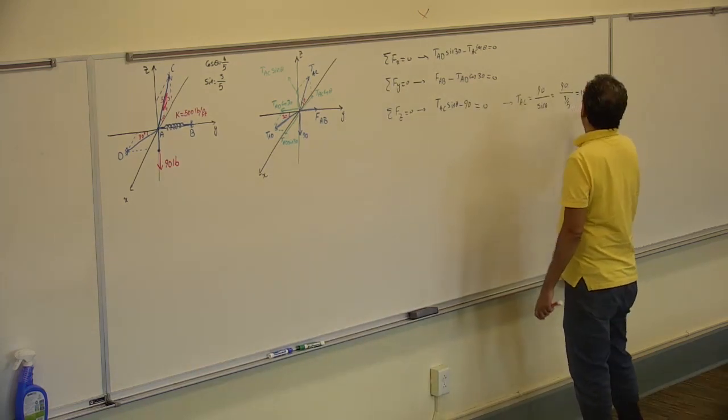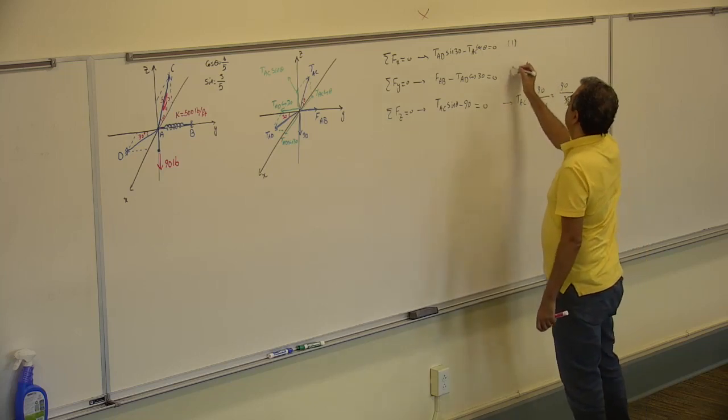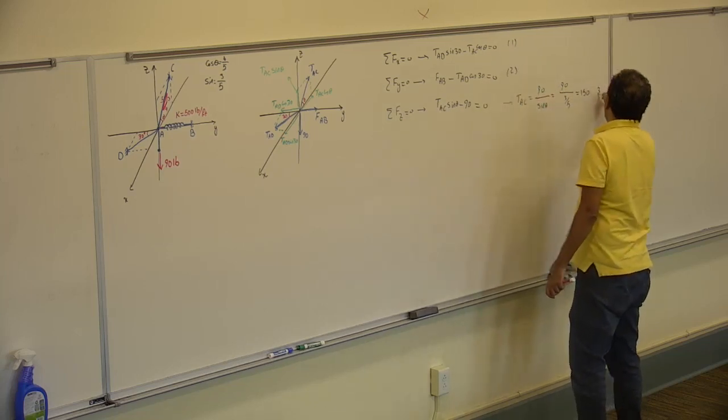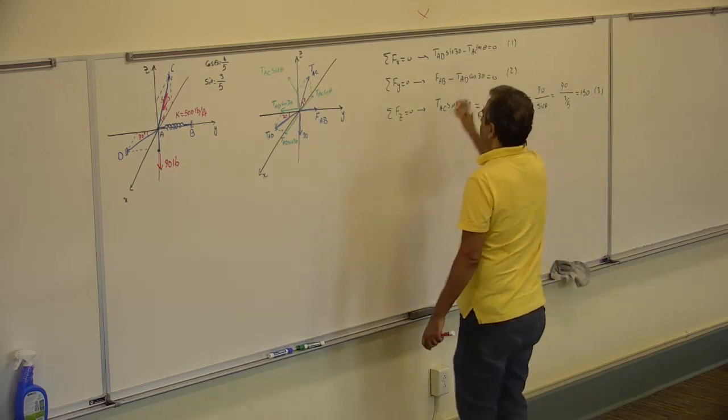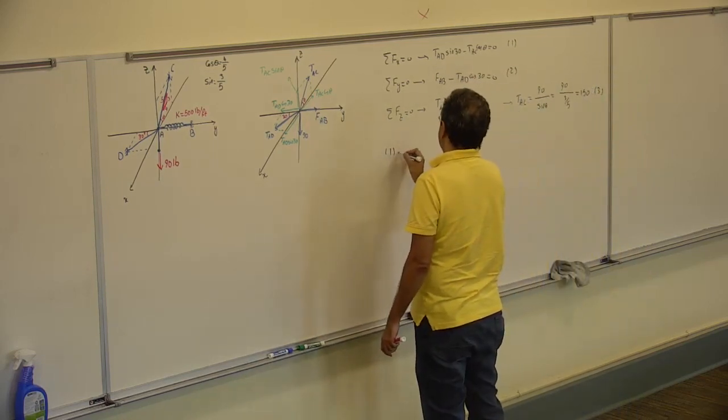Then if I set them as 1, 2, and 3, I can put TAC in equation 1.